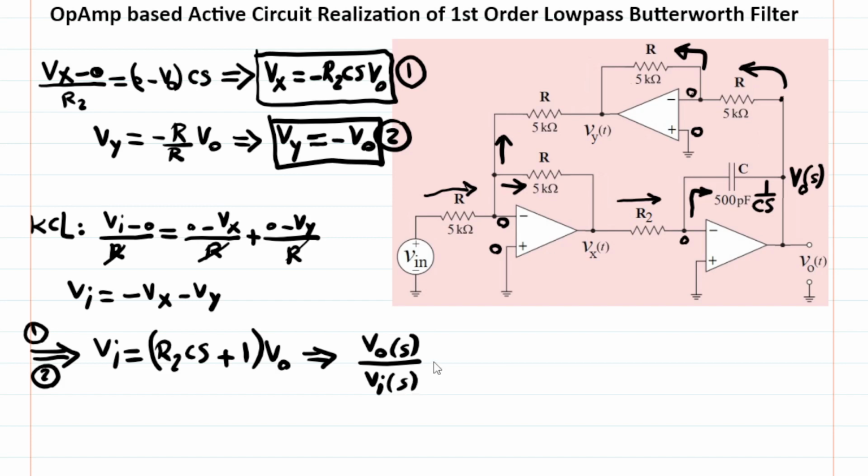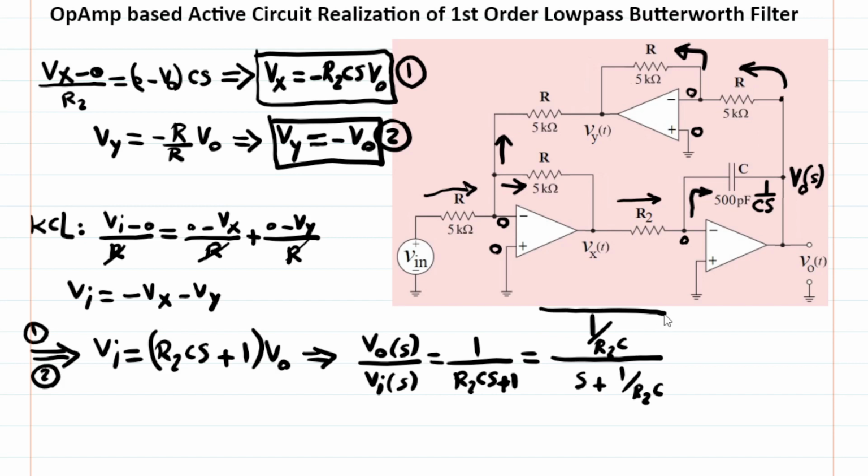Okay, this is equal to just 1 over R2CS plus 1, which we can further simplify by dividing both numerator and denominator by 1 over R2CS. We get 1 over R2CS plus 1 over R2C.